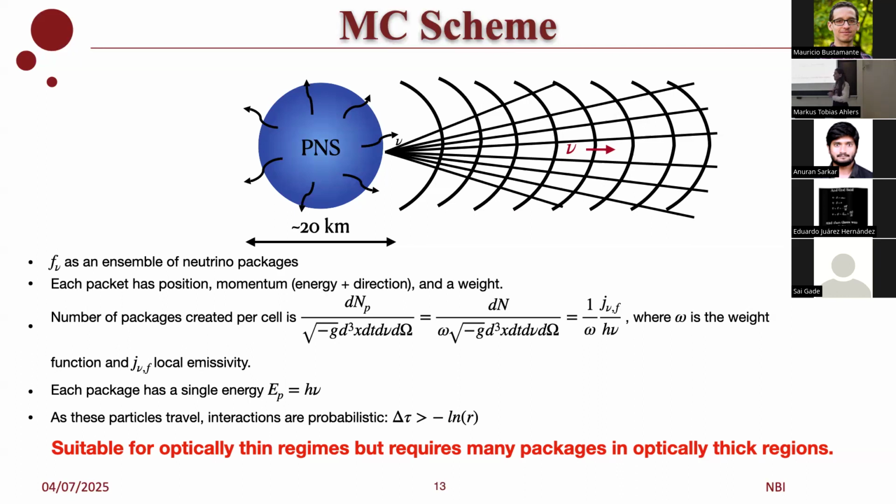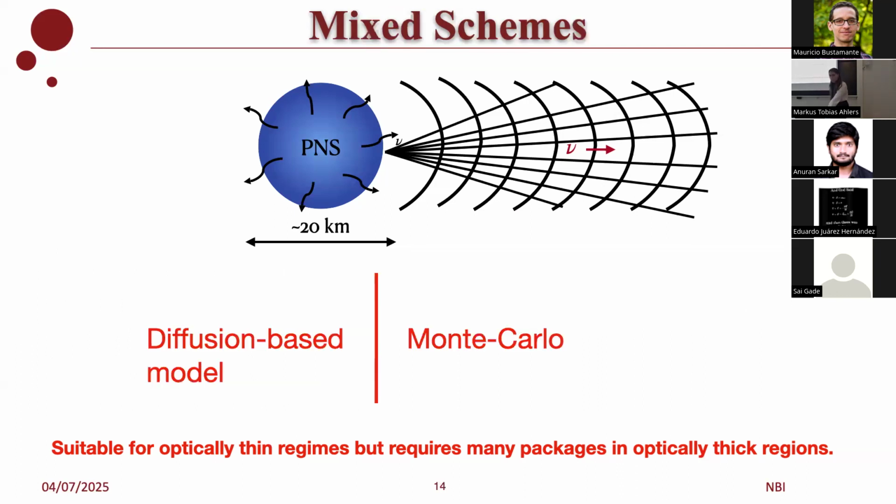And that's quite a challenge, because once you increase the number of Monte Carlo particles, your simulation cost also increases. So what's often done is people use some different approximation for optically thick regions, for example, something like a diffusion-based model, and then outside they model with Monte Carlo simulation.